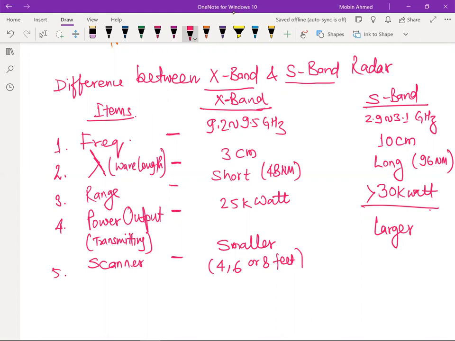This is the antenna we have for this one. Whereas for S band, we are going to have a 9 or 12 feet antenna. Why is such a large one required? Because the frequency is less. That's why this much larger antenna is required.